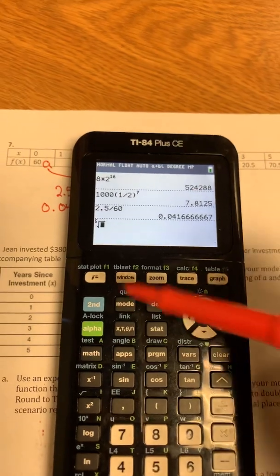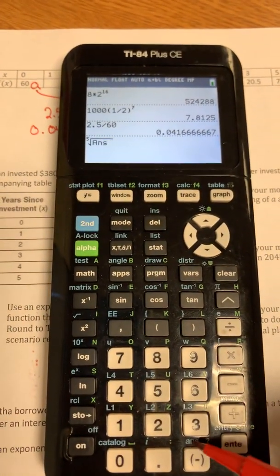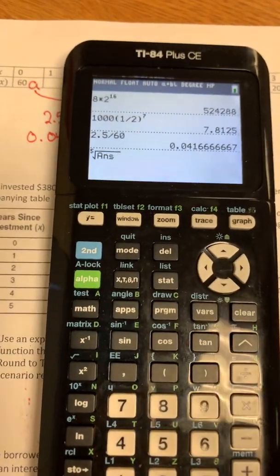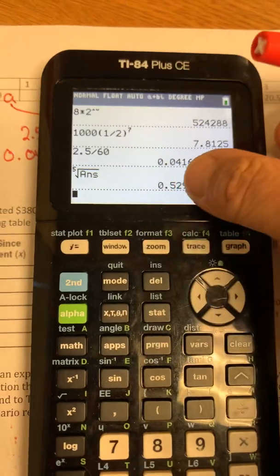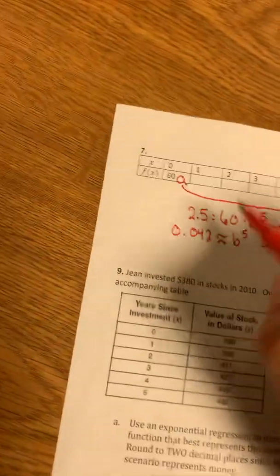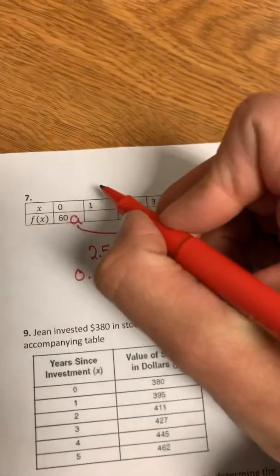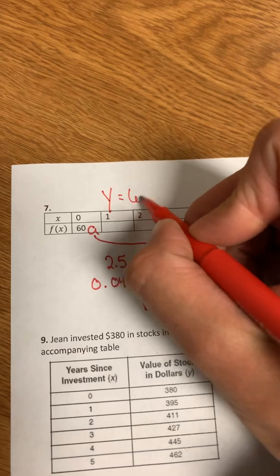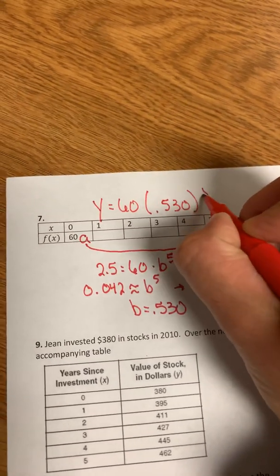And now if I hit the second and the negative button, that will recall the most recent answer. And there's another way to do this, but this will work for all the calculators. And now I'm going to take this and round 529 to 530. So I've got my b, but remember, I want you to write the equation. So the equation is going to be 60 times 0.530 to the x power.